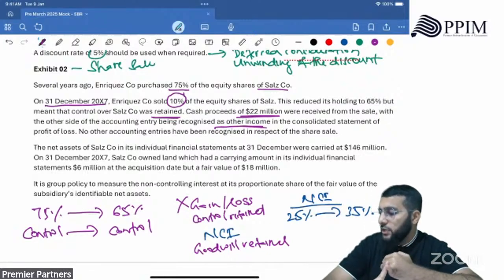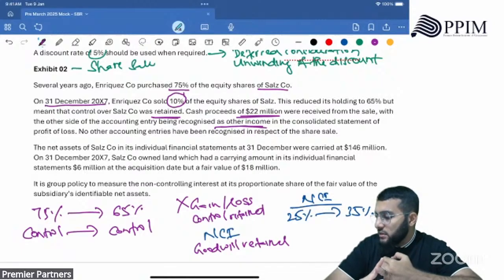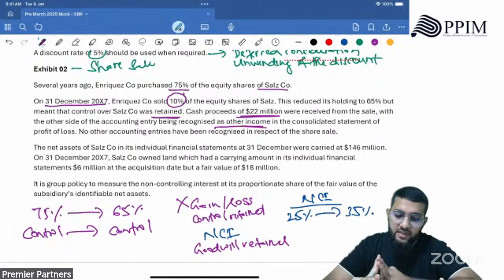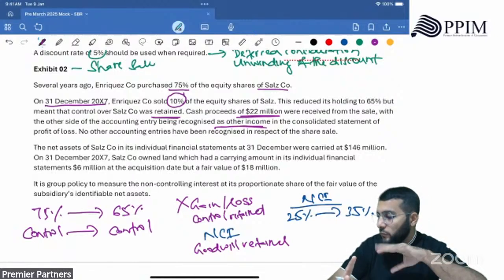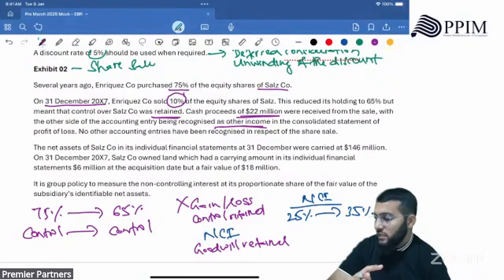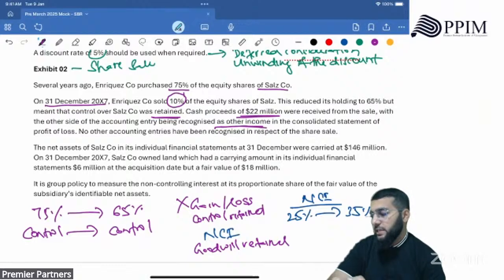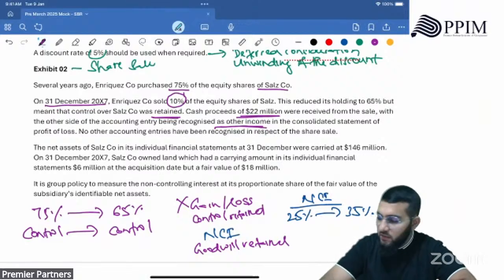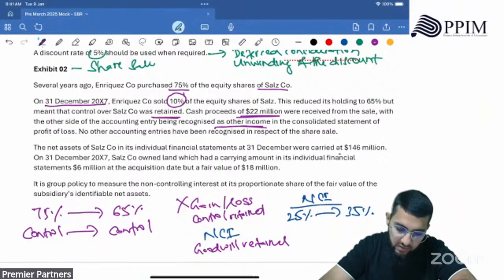So goodwill is not recalculated, no gain or loss arises, and the 22 million that has been recognized as income, you need to remove that to eliminate it, right? And this needs to be accounted for in equity as an increase to the NCI. That's what is happening here. So we can use the information given here, 146, then they've given the 18, then the 6.